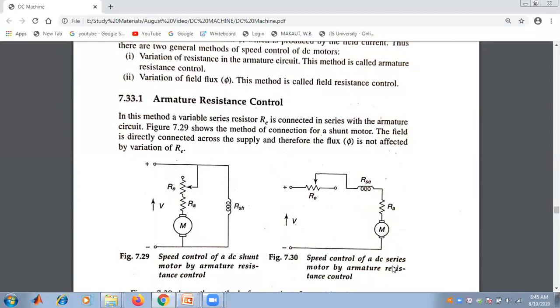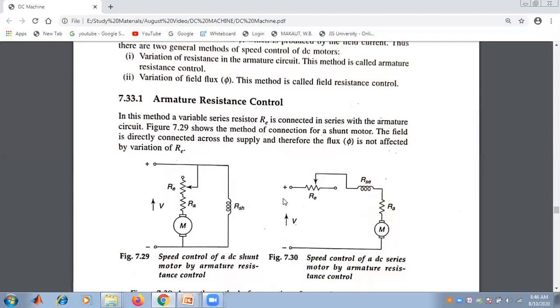A variable series resistor, called Re, is connected in series with the armature circuit, both for the shunt and the series motor. This connection for shunt and series motors is shown in the figures.